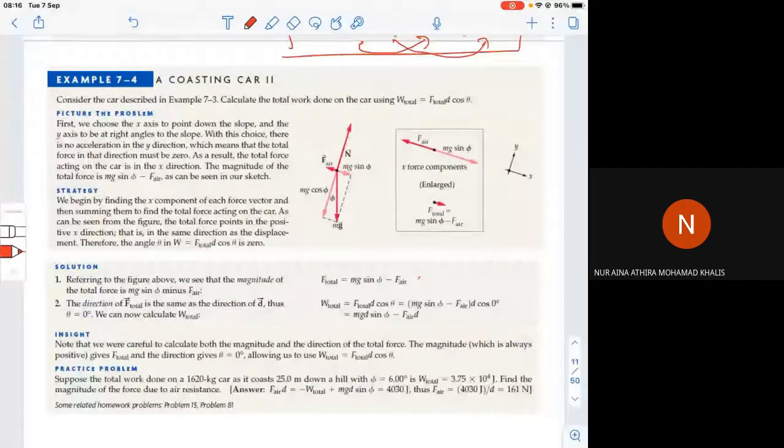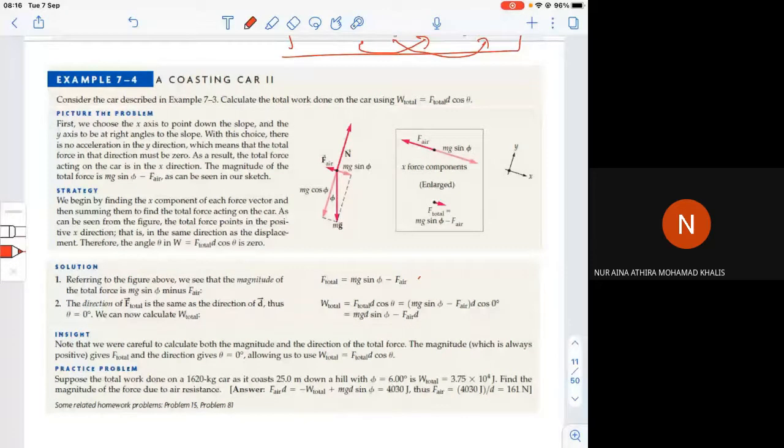Okay, so right now we look at the second example. We go through again and again how we solve problems involving work. We need to know what is the functional force that we should consider.